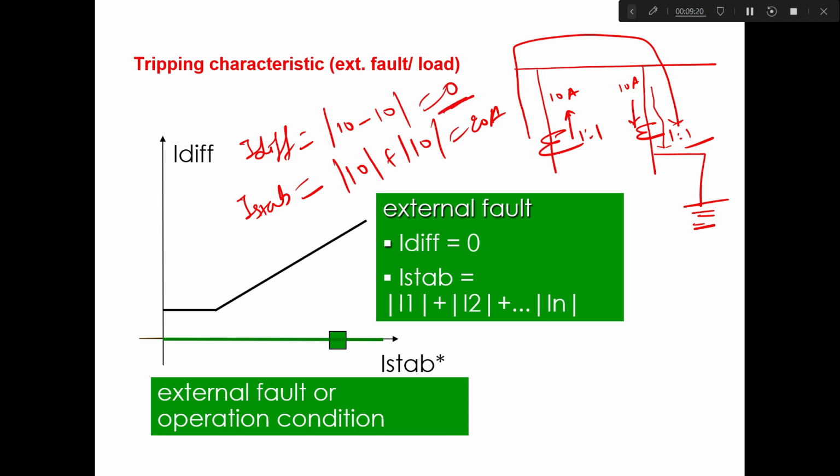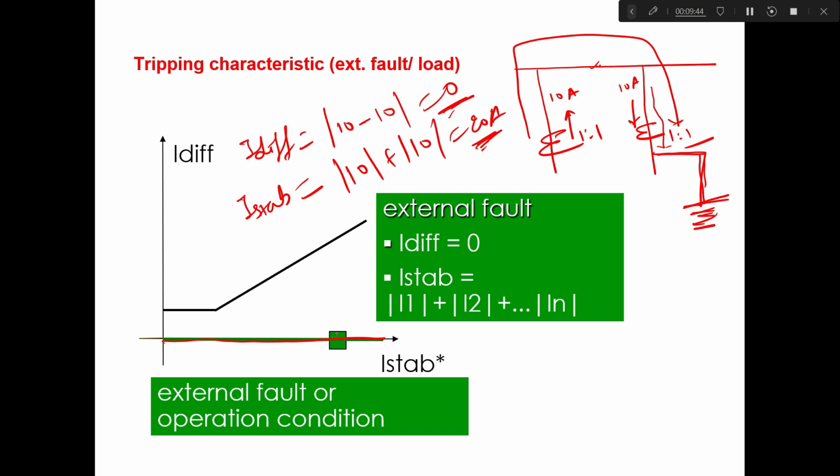If you think logically, since this fault is external to the bus bar, it is not a bus bar fault, so your differential current should always be 0 for an external fault. Otherwise, the bus bar protection will operate and trip both feeders, which is not desirable. So for an external fault, differential current is 0 and you will have a high stabilization current. So this is the characteristic.